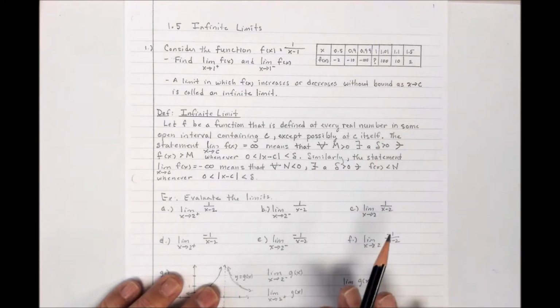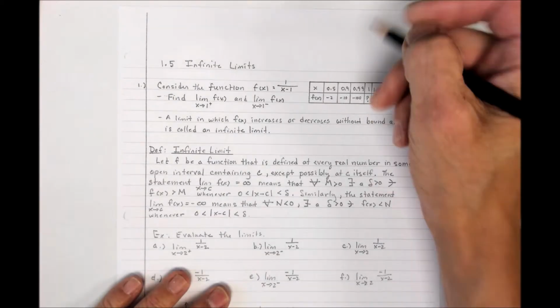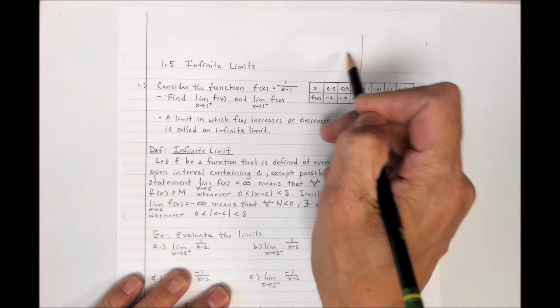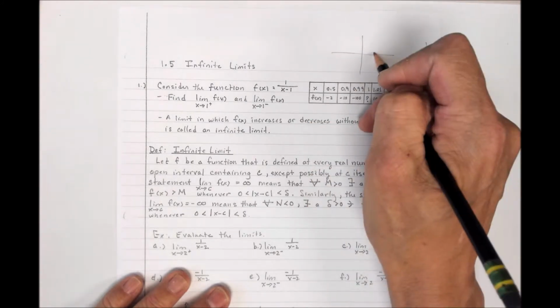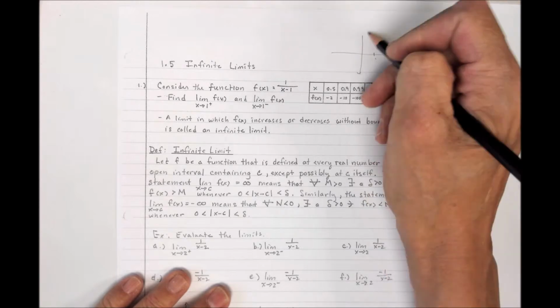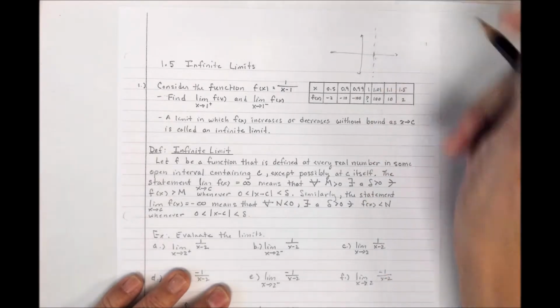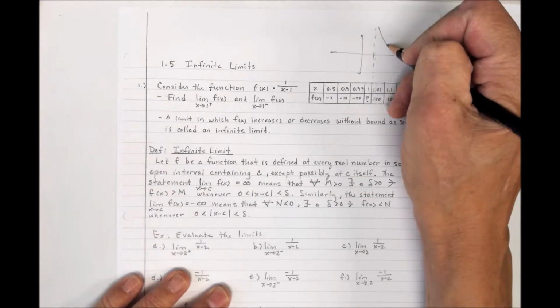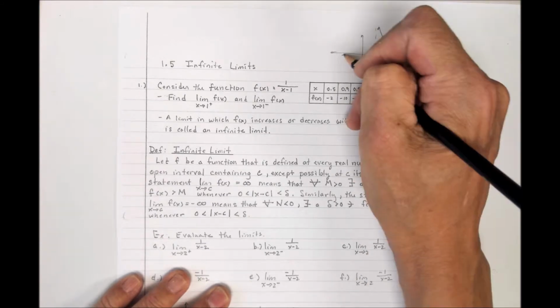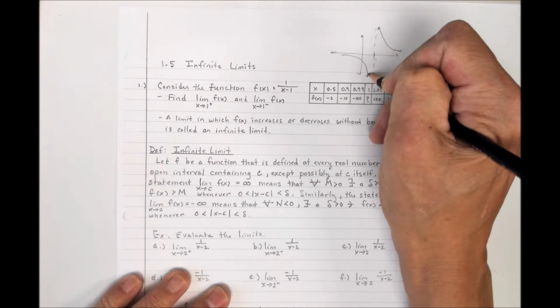Now, graphically, we know that this function at 1 has a vertical asymptote, and then our graph looks something like this. This is really, really rough.